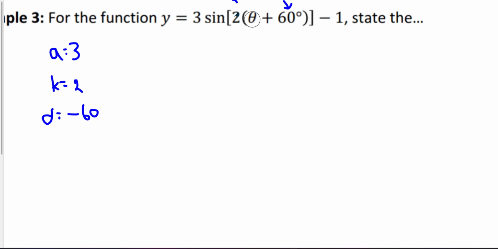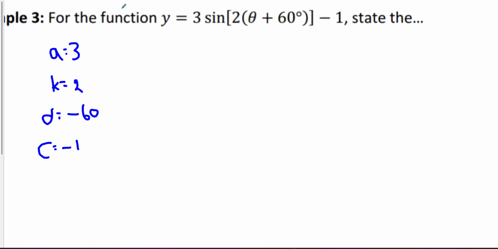Remember that small little thing, all right, guys? So D value is always the opposite sign of what's in the bracket. Yeah, I know it's been a while. That's why I asked. So now, hopefully, you won't forget. Because remember, you always learn more from a mistake than if you were to get everything perfect. So now you'll be like, oh yeah, I got that wrong. I'll remember that. Those emotions, you'll be like, oh, Mr. Khan tricked me. But now you'll remember. Now you'll always remember that D value is -60.